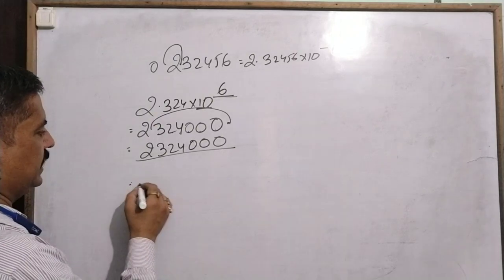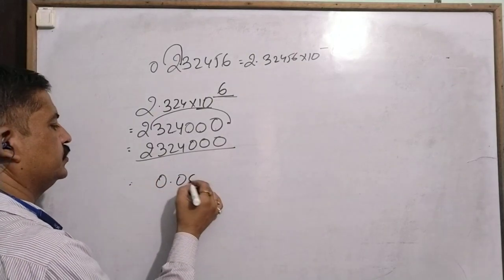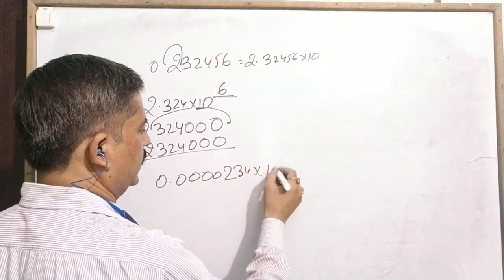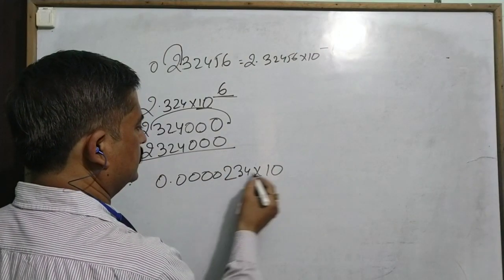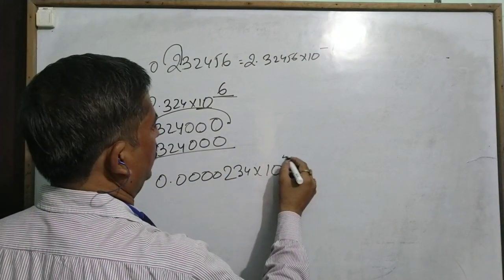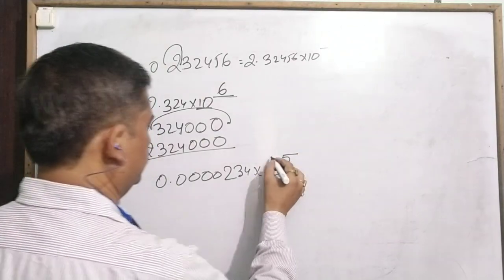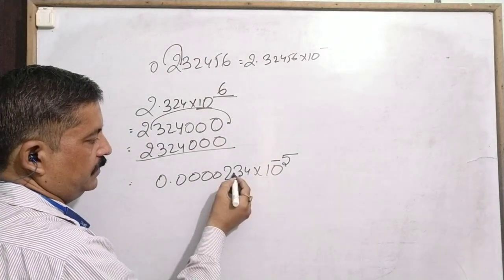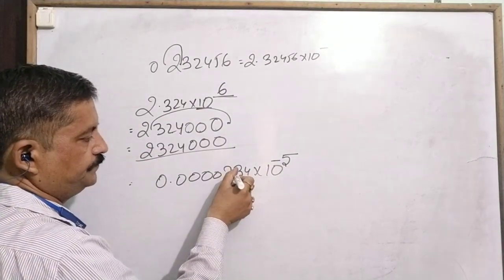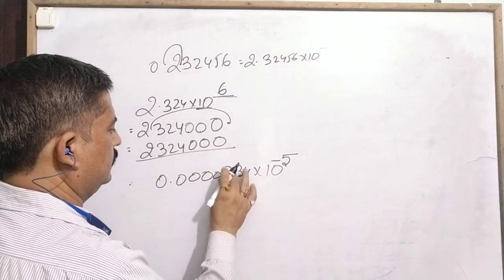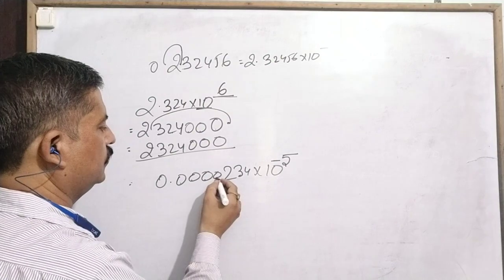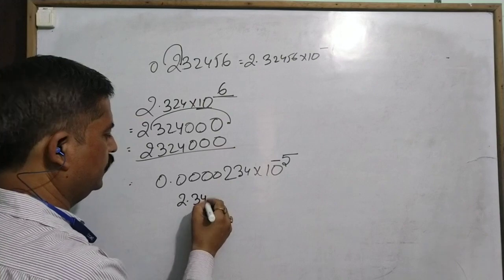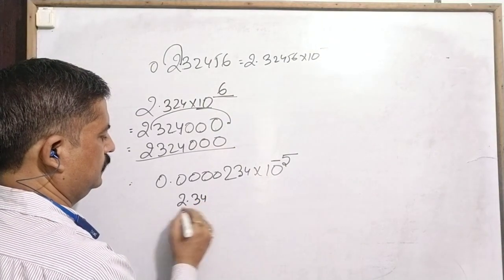Also, if the question is 0.0000234 into 10 power, counting 1, 2, 3, 4, 5, minus 1, it means the number shifts to where the first digit is: 1, 2, 3, 4, 5, meaning 2.34.